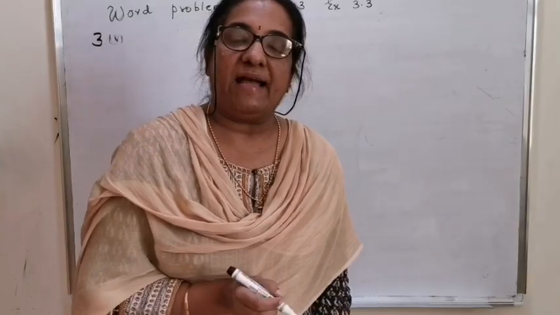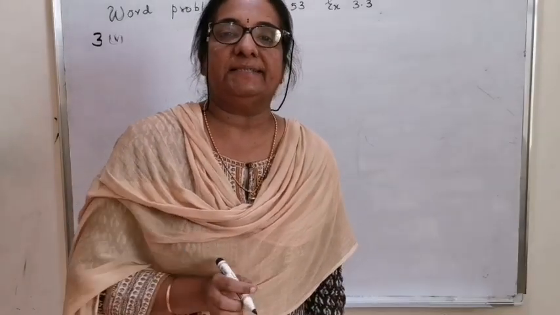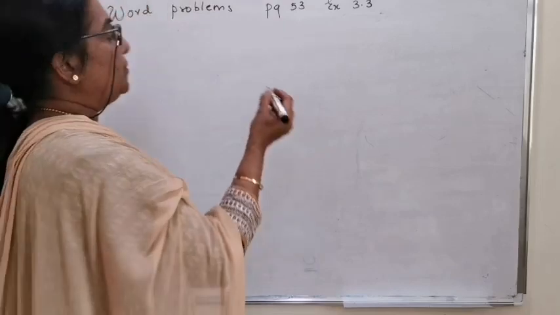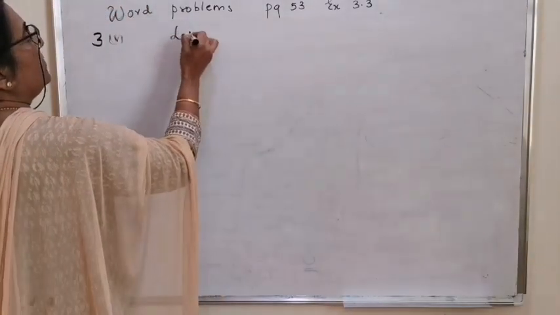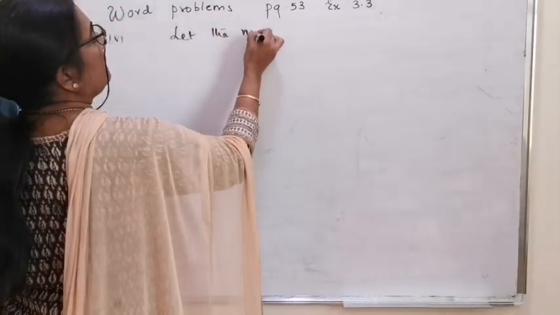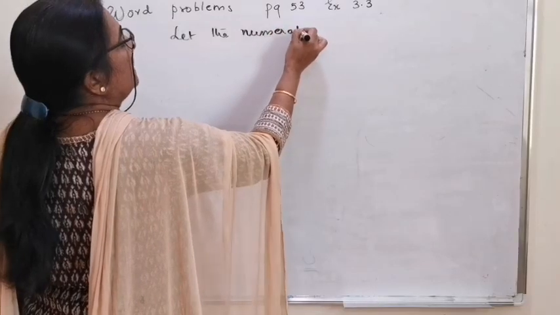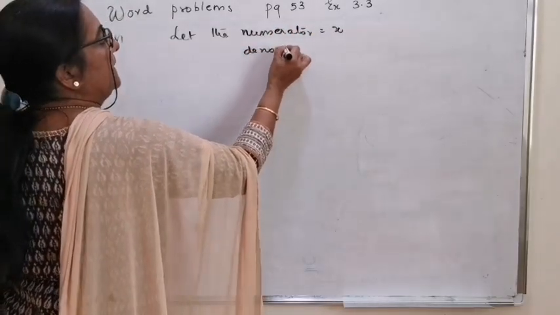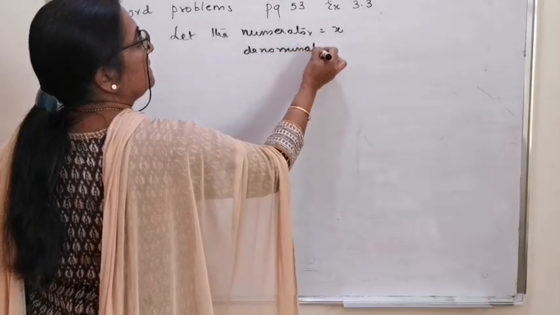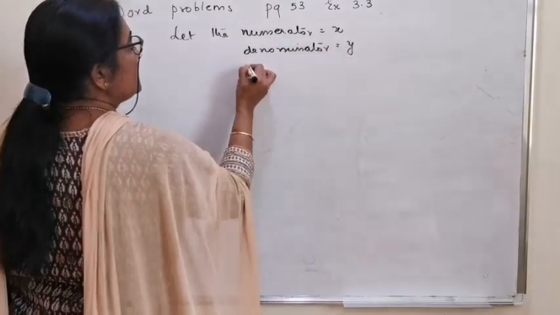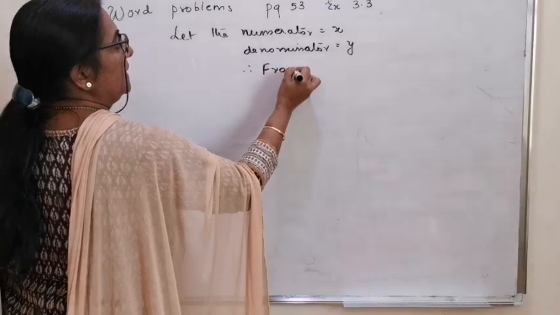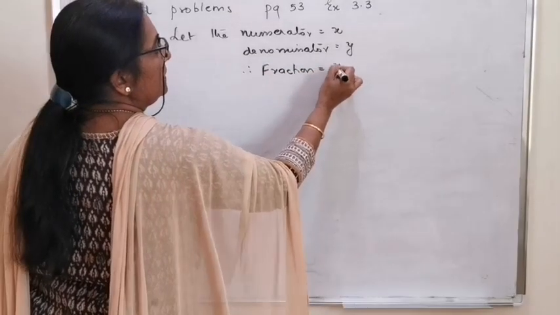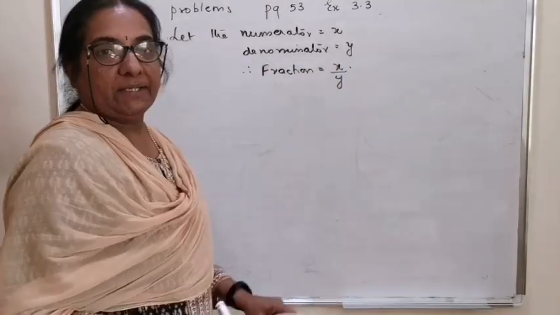A fraction has a numerator and a denominator. So let the numerator be x and the denominator be y. Immediately you can write the fraction as x by y.